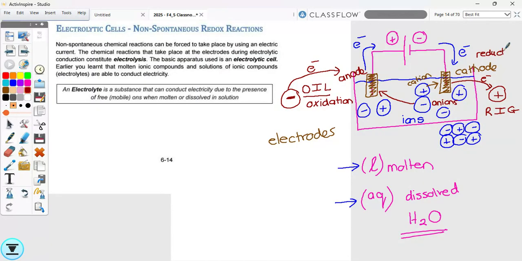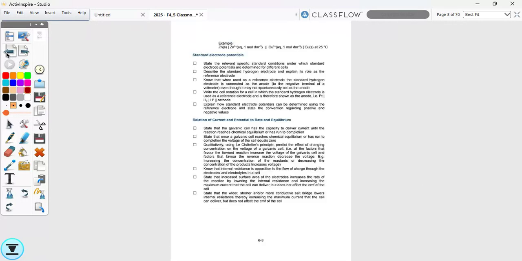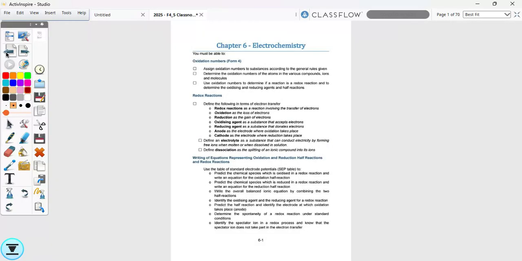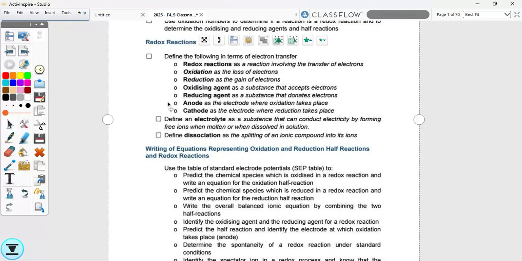And that is, if you go back to the beginning of the chapter, you'll see that is how they defined the cathode and the anode. Remember the SAGs is always at the beginning of these chapters that I'm sending you. So you can see anode is the electrode where oxidation happens.